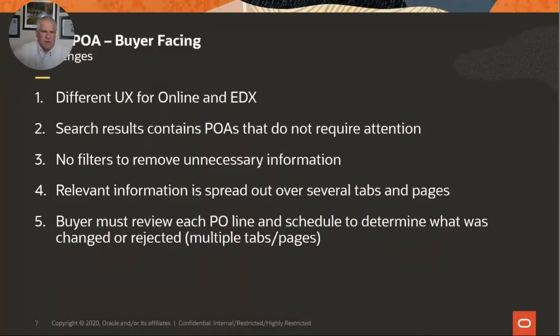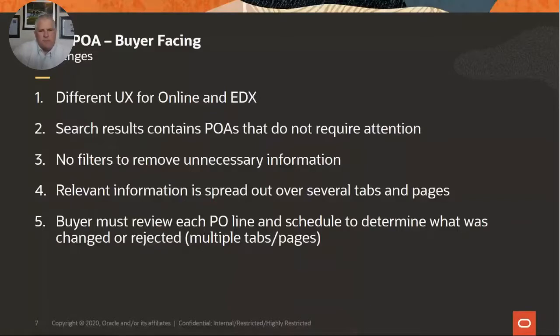There's very little filtering or narrowing down of that particular purchase order. The information that was there was buried in several tabs and across several pages. So with all of that, for lack of a better word, it's a complete mess.